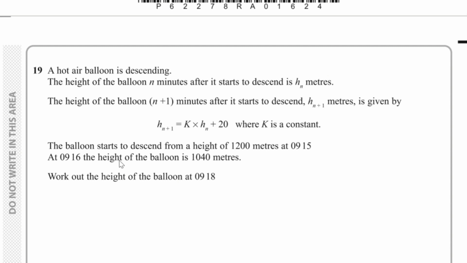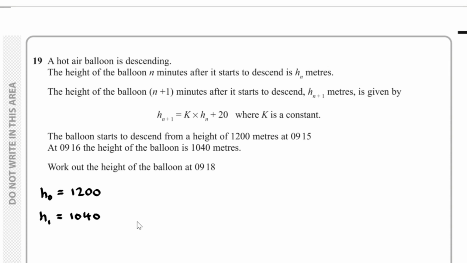Well, let's think about the information we know already. We know that initially at 9:15 we are at a height of 1200 meters, so that means h0, the initial height, is 1200, and at 9:16, that's h1, the height is 1040.